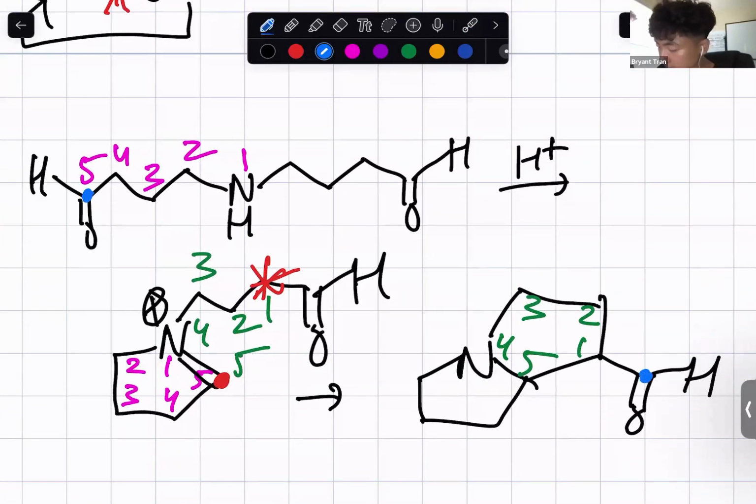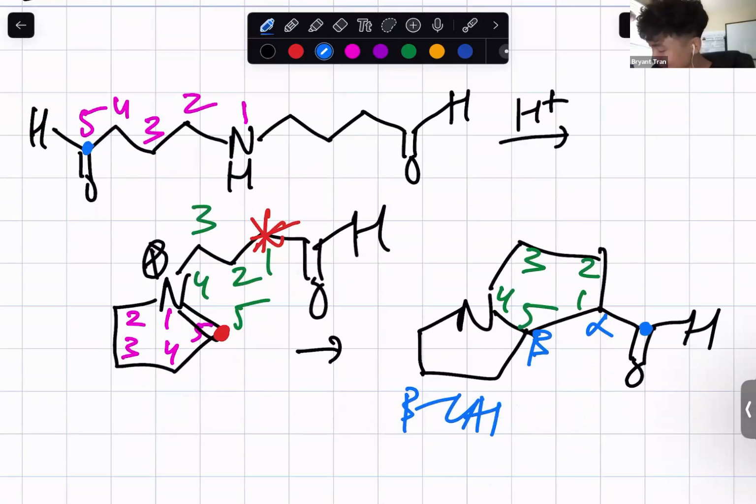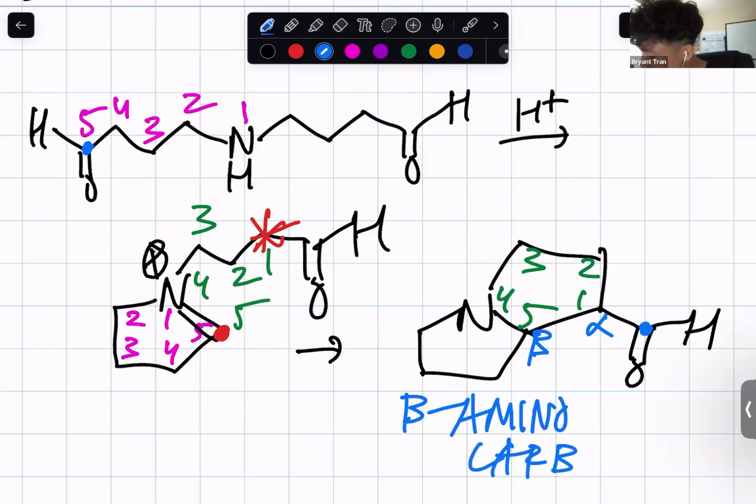This is the carbonyl carbon, this is the alpha carbon, this is the beta carbon. So this is a beta amino carbonyl, which means there's an amino group on the beta carbon relative to the carbonyl.